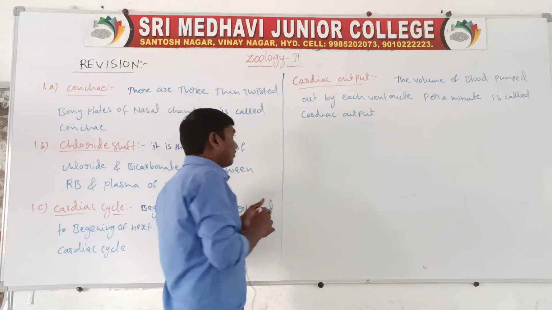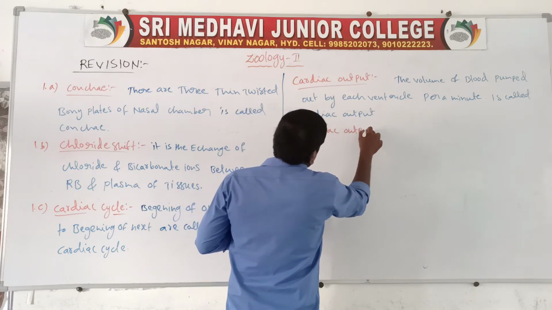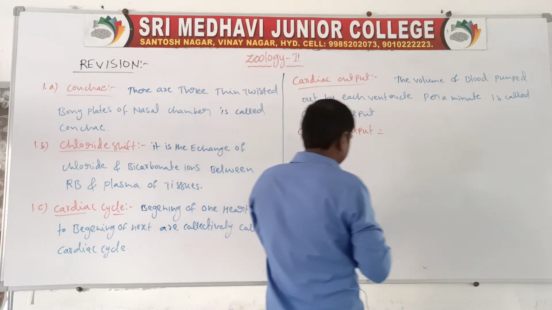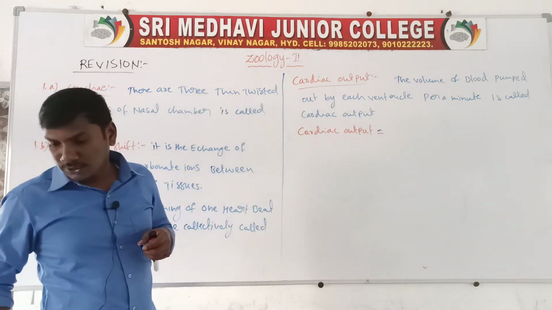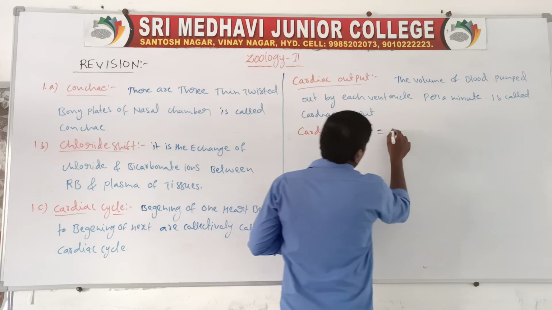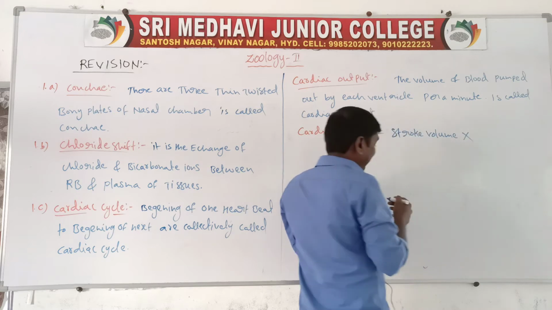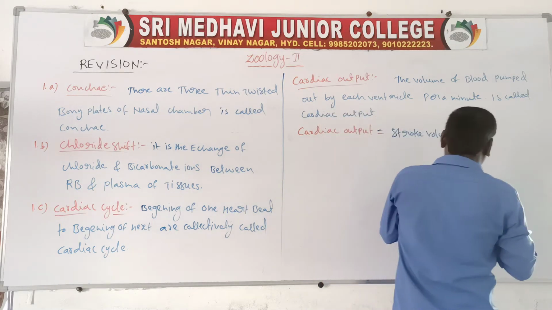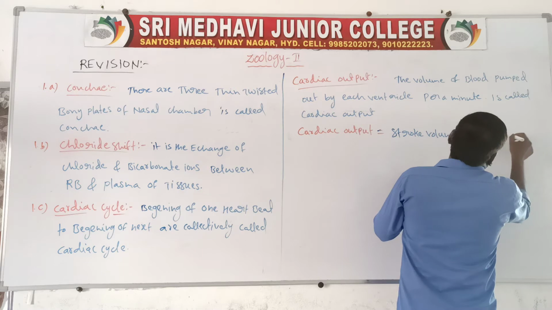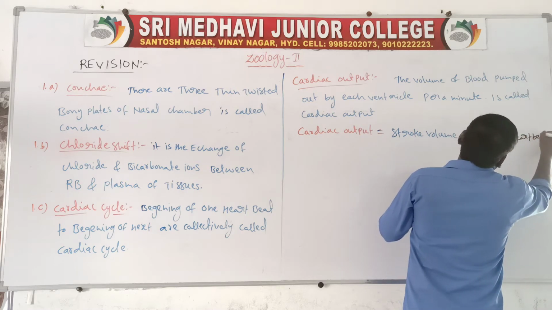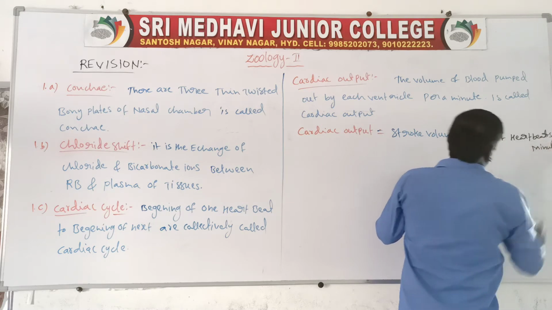Cardiac output is equal to stroke volume into the number of heartbeats for a minute.